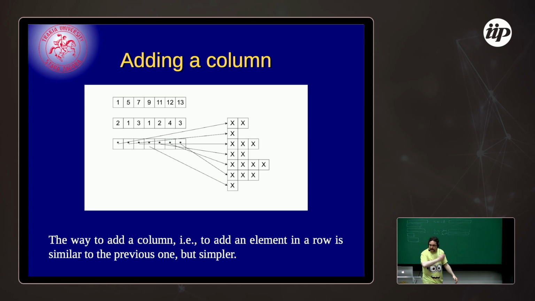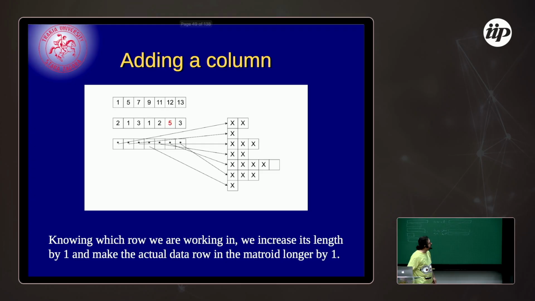Suppose that you know in which row we are adding an element, like the red one over here. So this row here, which is the fifth or whatever it is here.